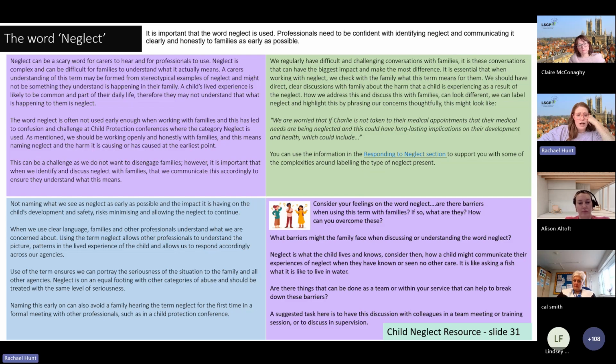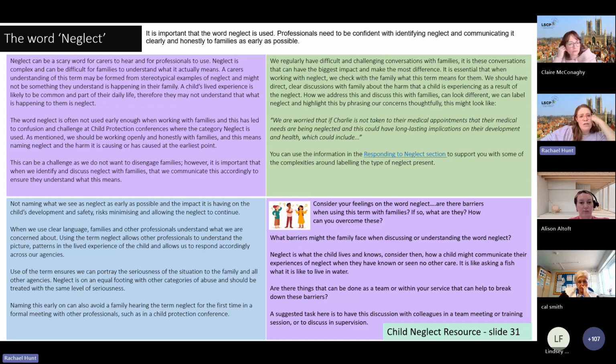So this is a screenshot from the resource. I'm not expecting you to read it all. I know it's a really busy slide, but what we wanted to do was give you an overview. If you've not seen the resource, we have separated it into areas like Claire showed you before. As we said, one of the things that's really challenging is using that word neglect. So we've got a number of things within here that can support that conversation and encourage your staff to go away and think about that more.